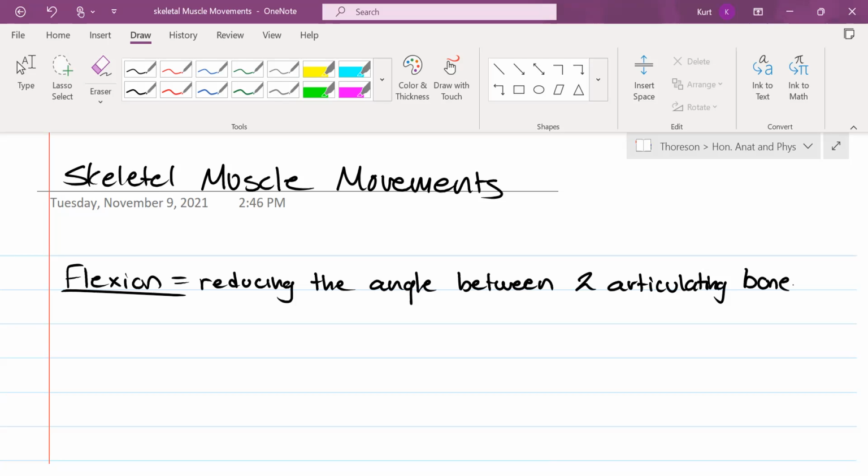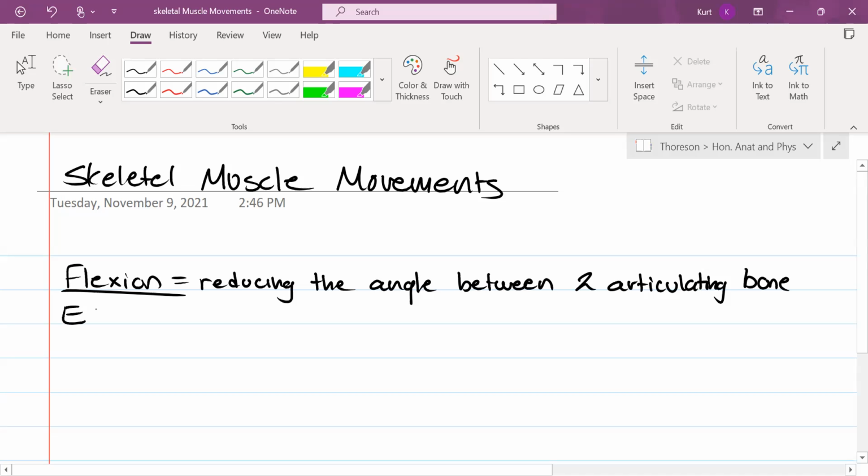What do you do when you do a sit-up? That's a flex. When you bring your head closer to your pelvis, that's a flex. You can flex your head like this, you can flex your body like that. Flex your arms, your wrists, your fingers, and your legs.